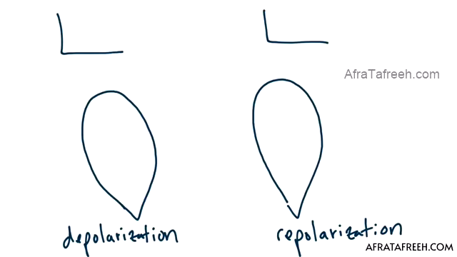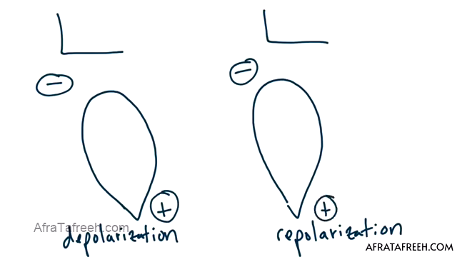Lead 2 is obtained by placing a negative electrode on the right arm, so we'll draw it near this part of the heart, and the positive electrode on the left foot. So we'll draw the positive electrode right there. Remember, an EKG measures voltage on the y-axis and time on the x-axis.